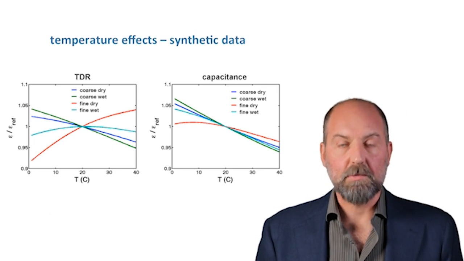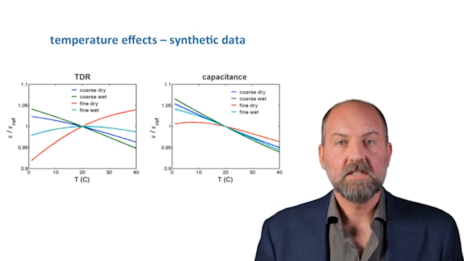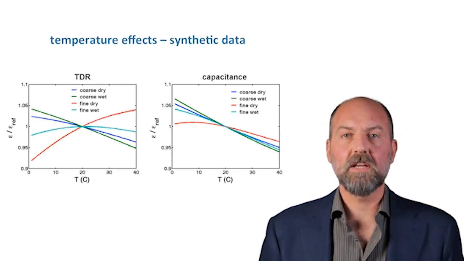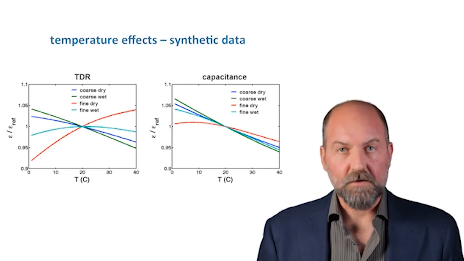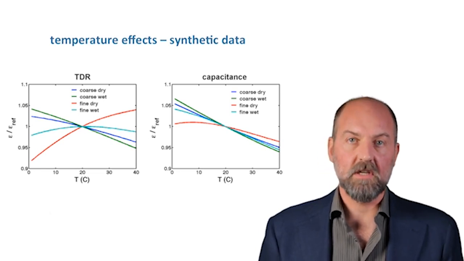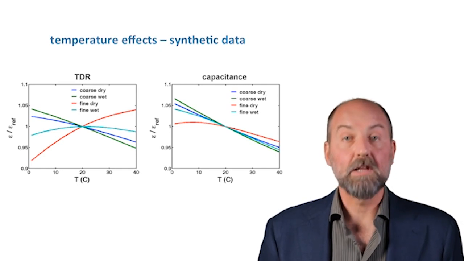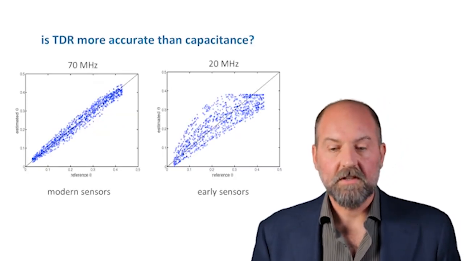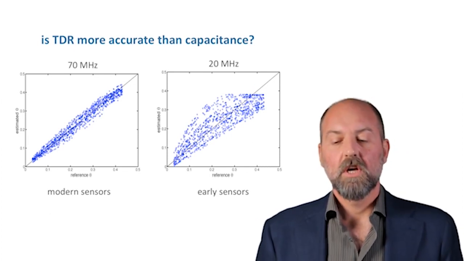This is an advantage because if we were to attempt to correct for temperature effects, we would do so more successfully and without having to estimate the texture or the initial moisture of the system independently. So with this, we have concluded this comparison between TDR and capacitance sensors.